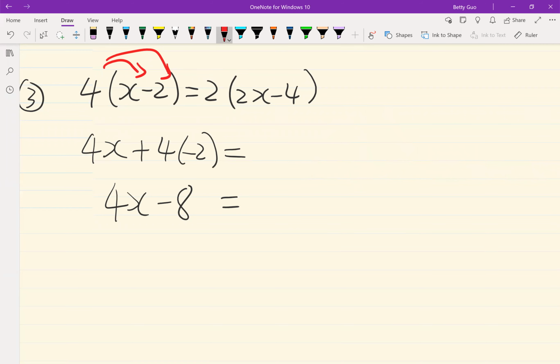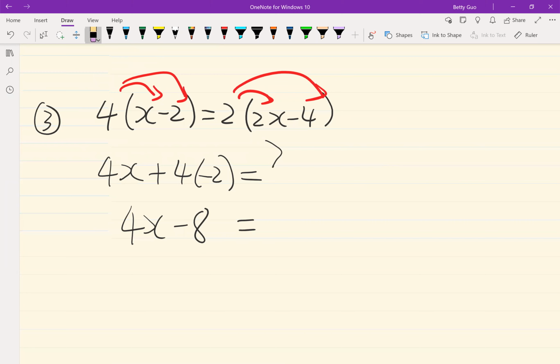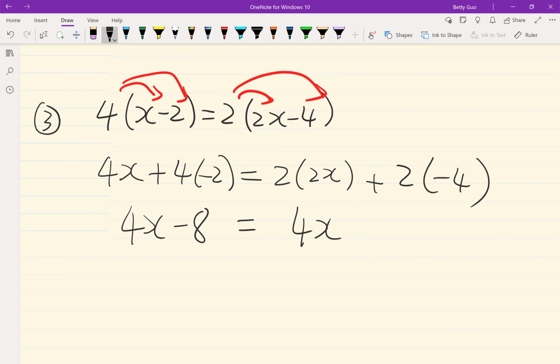On the right-hand side, we have 2 times 2x plus 2 times negative 4. That is 4x minus 8 as well, right? 2 times 2x is 4x. 2 times negative 4, that's negative 8, right? Okay, so what's the solution of this equation?